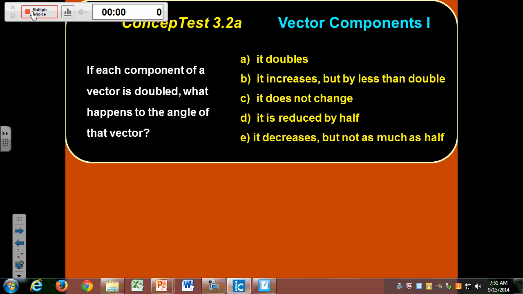If each component of a vector is doubled, what happens to the angle of that vector? Double the x and double the y, what happens to the angle? All right, so a few more seconds.